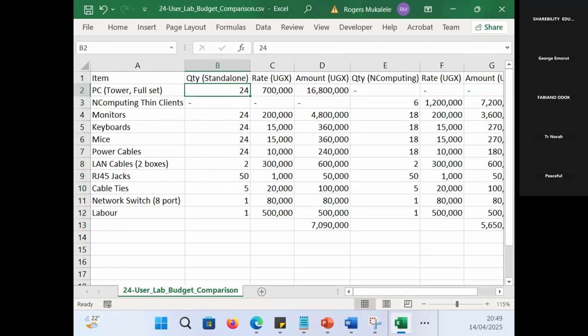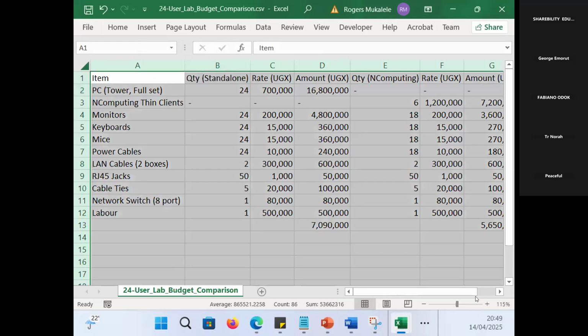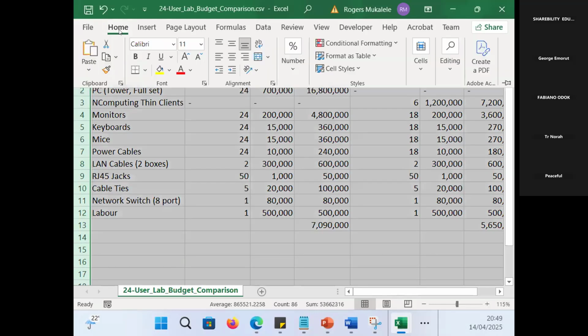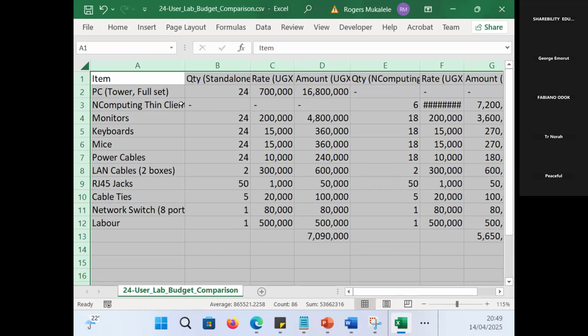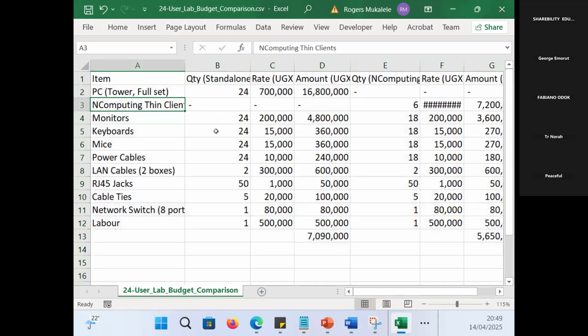So let me first get hands if there's anyone who wants to say something, and then we can proceed. We look at a few things here, and then we can go ahead and proceed with ours and conclude with our session for today. Today's session, we are looking at ICT managing, first of all, setting up and also managing, maintaining computers, the relationship between lab technicians and head teachers, and what they need to know.